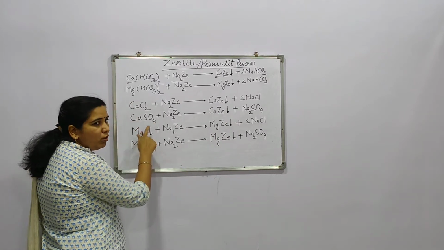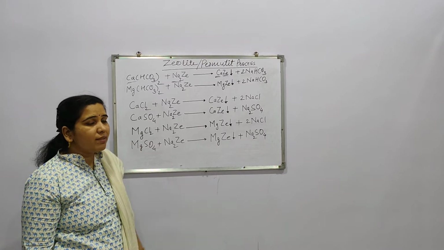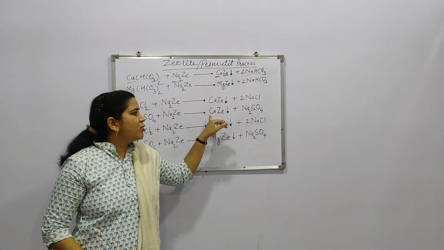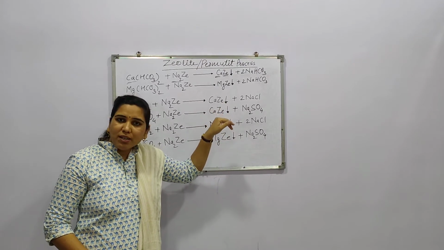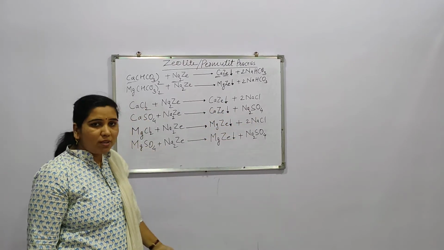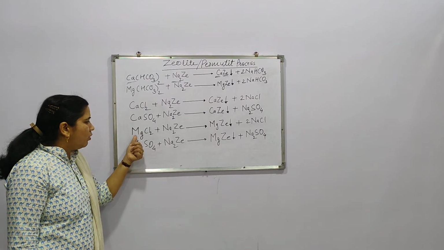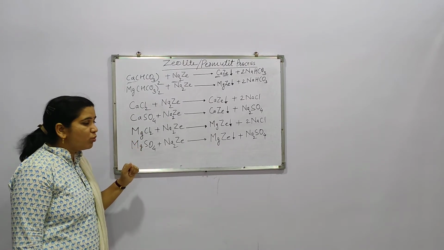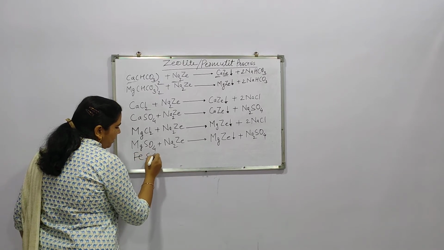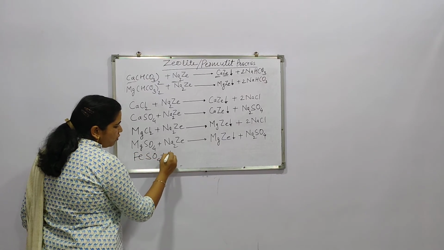Then CaSO4. All the salts of Ca are considered first. When CaSO4 treats with Na2Ze, there is a formation of CaZe, which gets stuck in the zeolite bed, and Na2SO4 is removed. Reactions are all balanced. Like that, MgCl2, MgSO4, and FeSO4 can also be examples.